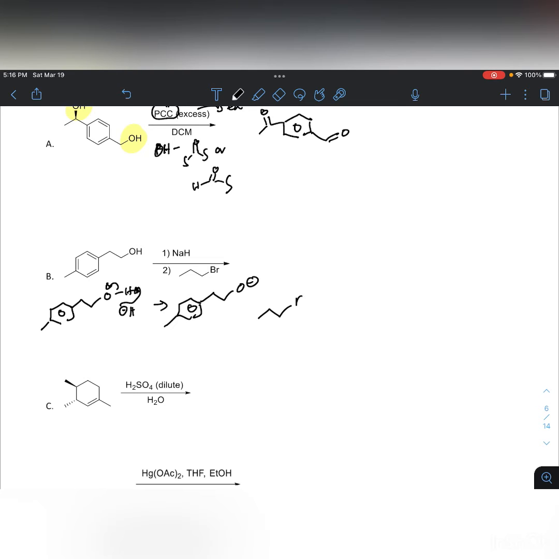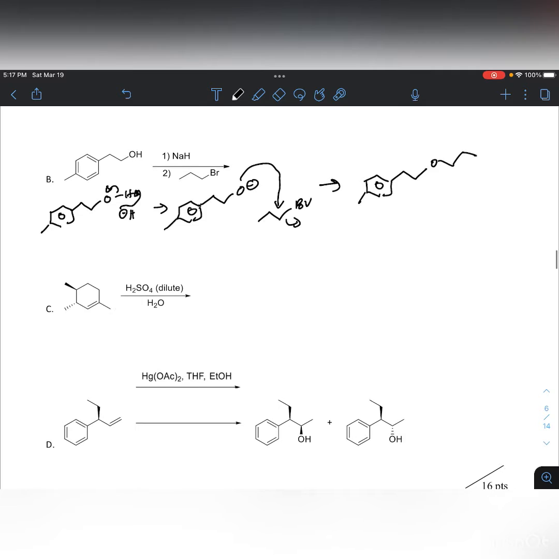This will now react with your electrophile via an SN2 pathway. So the product that you're going to form will be this. So that's B. And then let's move on to C.